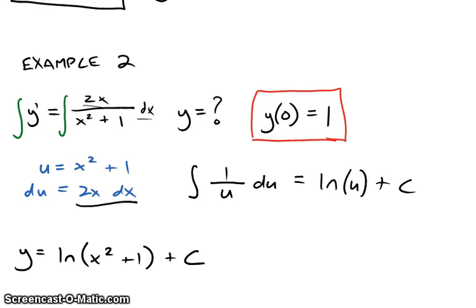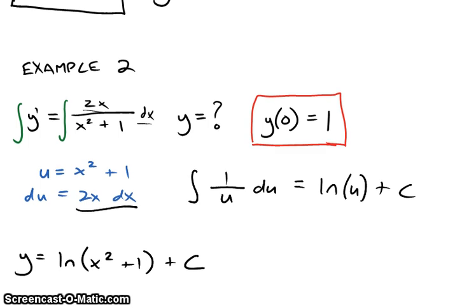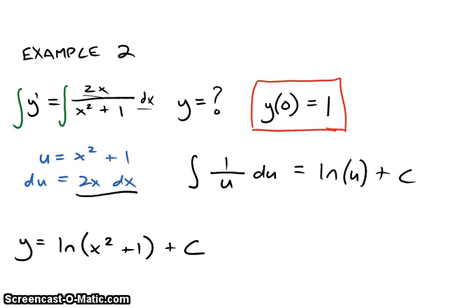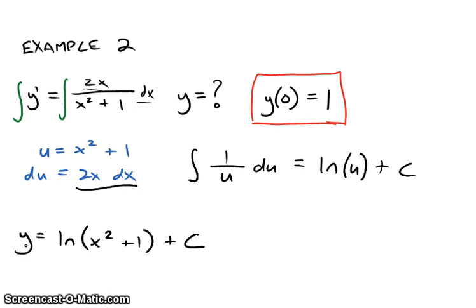Now, this represents an infinite number of possibilities for y. At this point, there are many options. However, if we were to graph all of these, I don't know what ln of x squared plus 1 looks like. Let's say it looks like this. If we graphed all of them, there's ln of x squared plus 1 plus 1. Here's ln of x squared plus 1 plus 2.